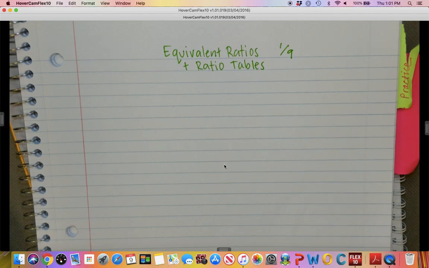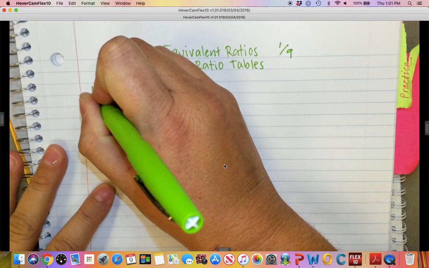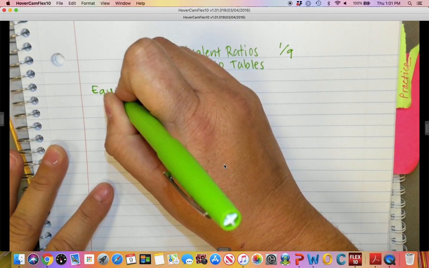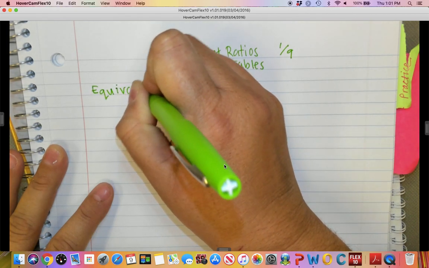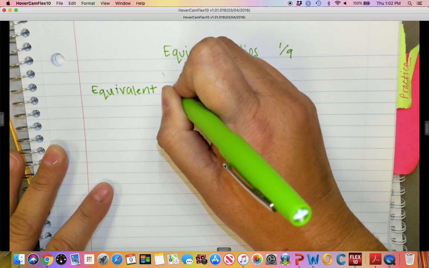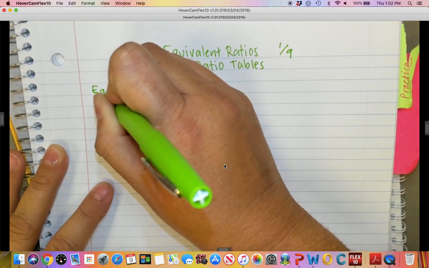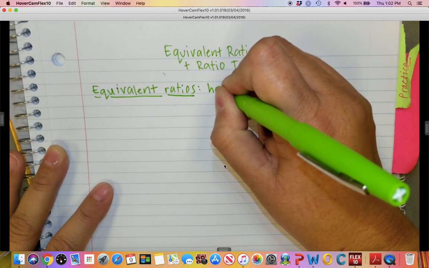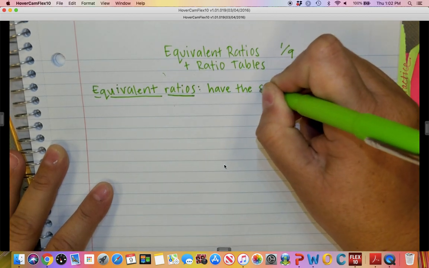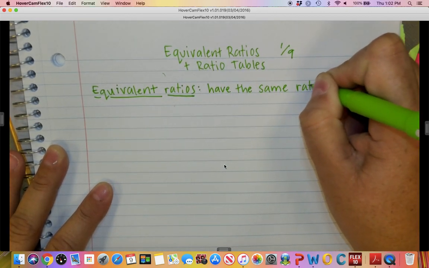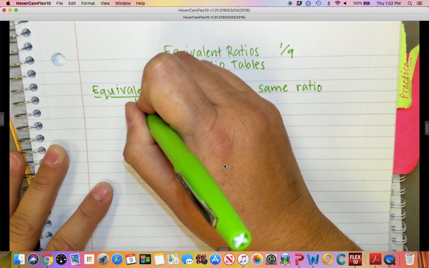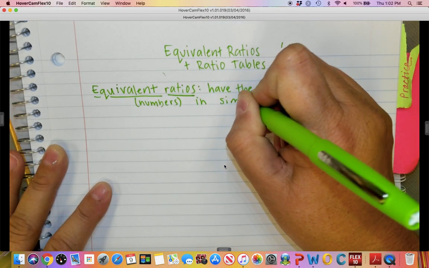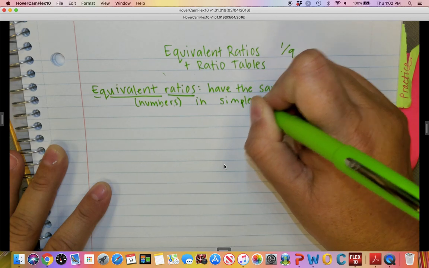First, let's get a definition going for equivalent ratios. Equivalent ratios have the same ratio or numbers in simplest form, just like fractions.